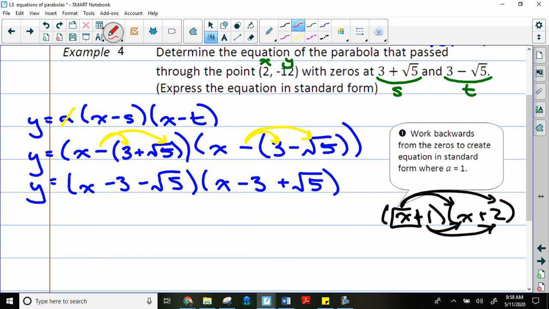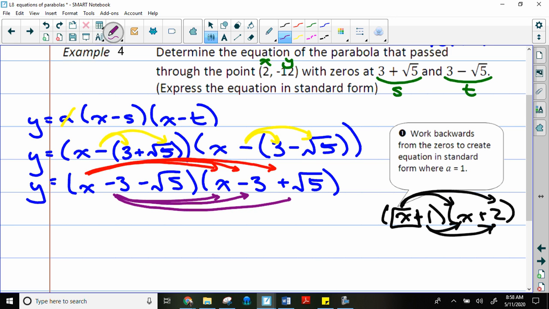So we want this x to hit the x, the negative 3, and the root 5. Then we want the negative 3 to hit the x, the 3, and the root 5. This is like FOIL on steroids. And then we want the negative root 5 to hit the x, the 3, and the 5.